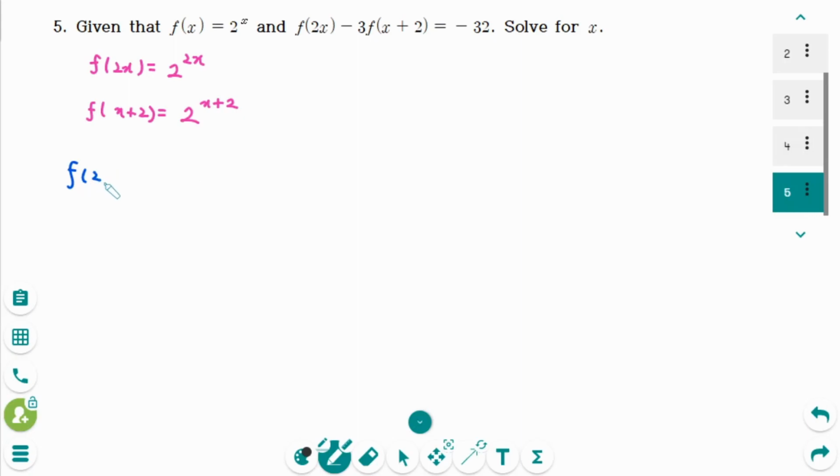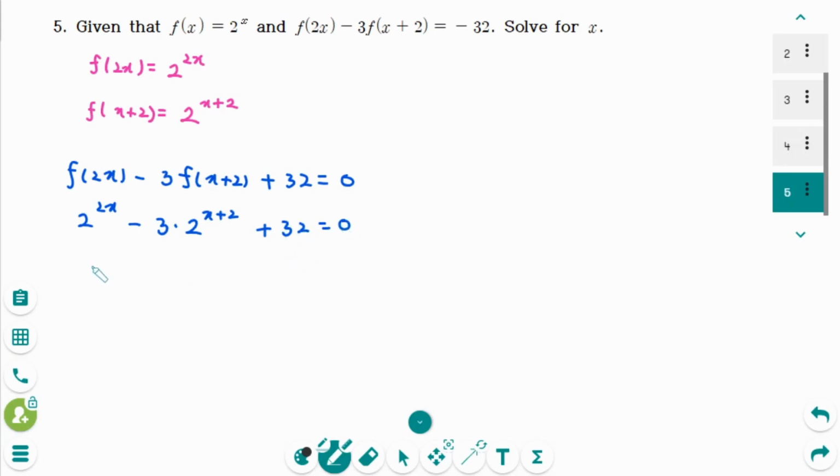So f of 2x minus 3 times f of x plus 2 plus 32 equals 0. f of 2x is 2 to the power of 2x, minus 3 times f of x plus 2, which is 2 to the power of x plus 2, plus 32 equals 0.